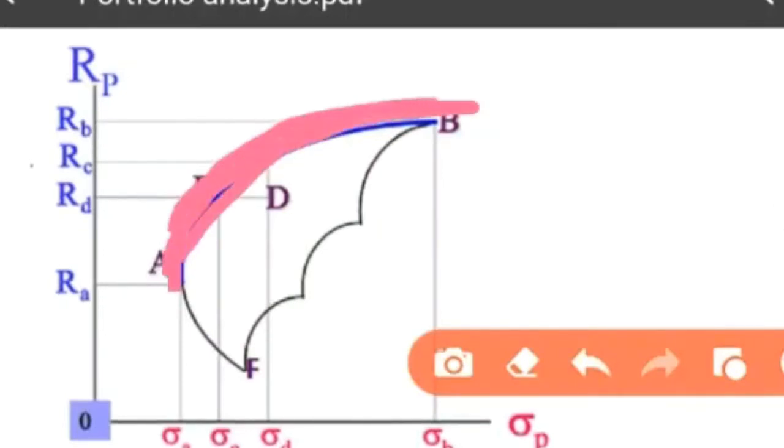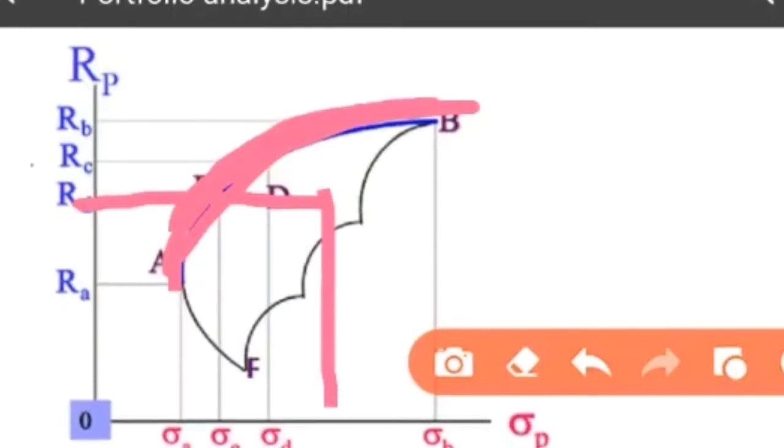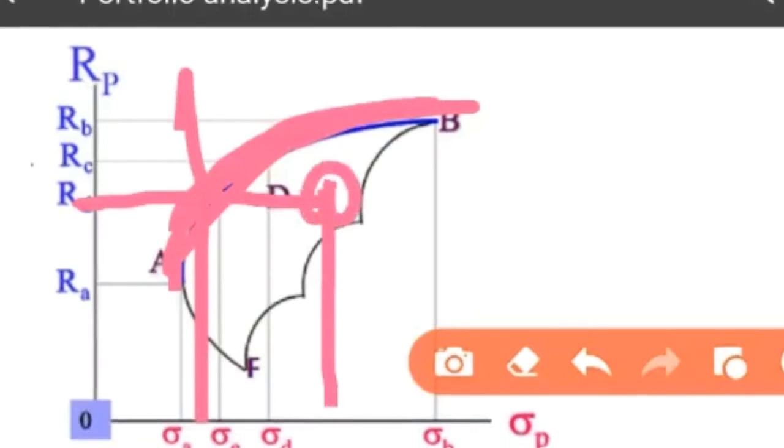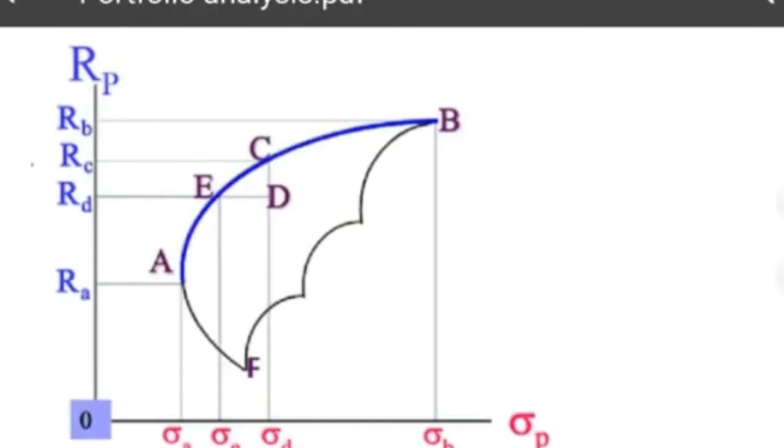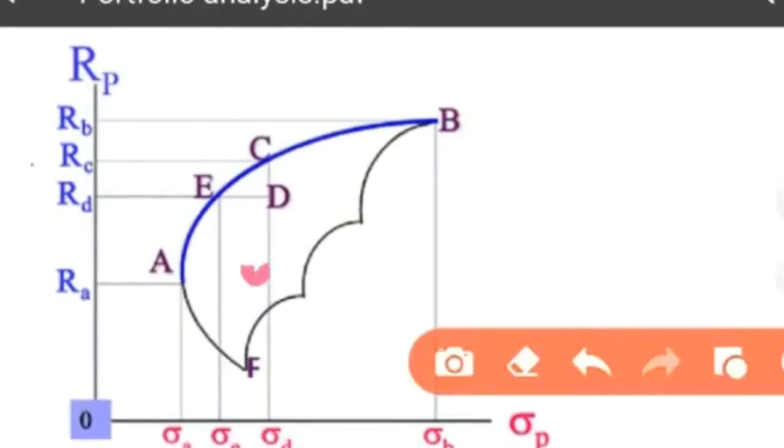Why they are saying that is, suppose you take any other portfolio, a point here. Here the risk is this much, the return is this much. Obviously, the same return is obtained by this other portfolio, and the risk is very much less for that portfolio. Then why will a person choose a portfolio here? Again, the same thing: you choose a portfolio here.